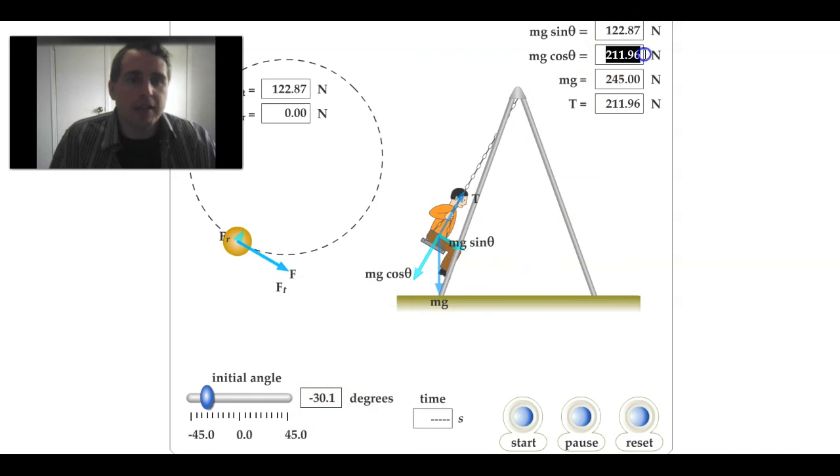And then mg cosine theta should be this multiplied by square root of 3 over 2, and then you should get this number. Notice that the tension force is always going to balance the mg cosine theta, which is the component of the weight that's anti-parallel to the tension. Okay, so let's let this person start.